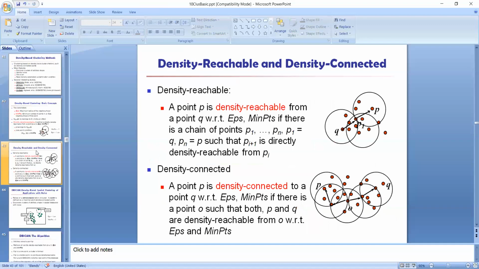Next is density reachable, not directly density reachable. A point P is density reachable from a point Q with respect to the given epsilon and minimum points if there is a chain of points P1 to Pn, where P1 is equal to Q and Pn is equal to P, such that Pi plus 1 is directly density reachable from Pi.